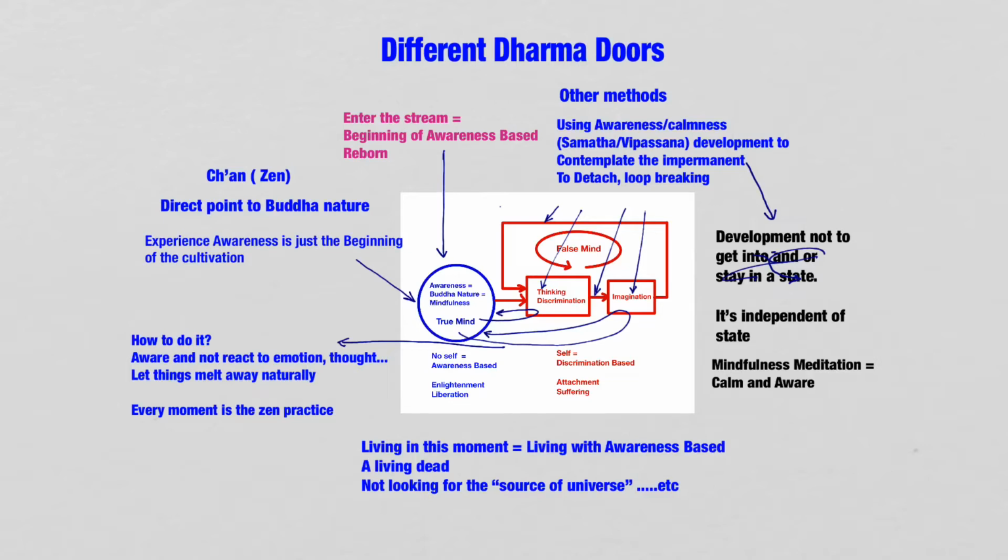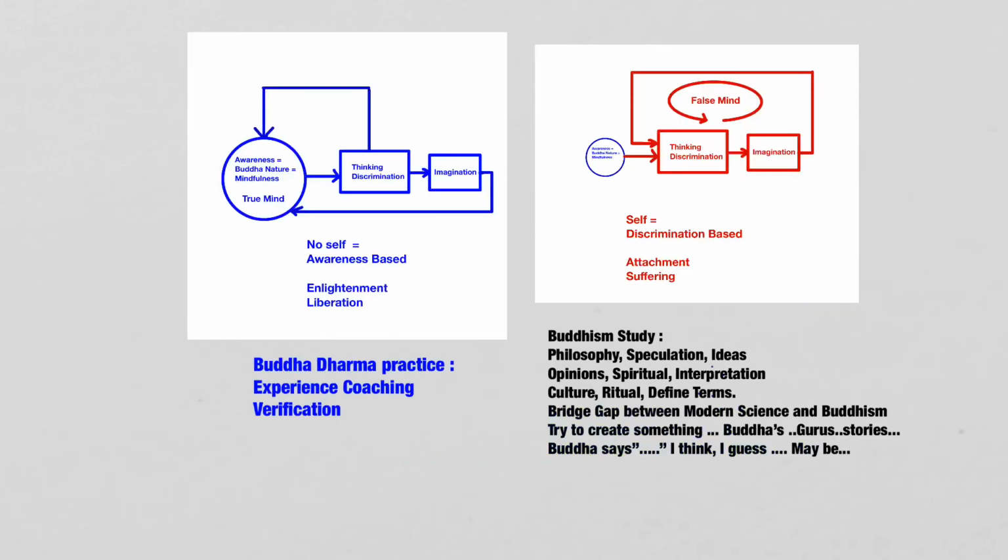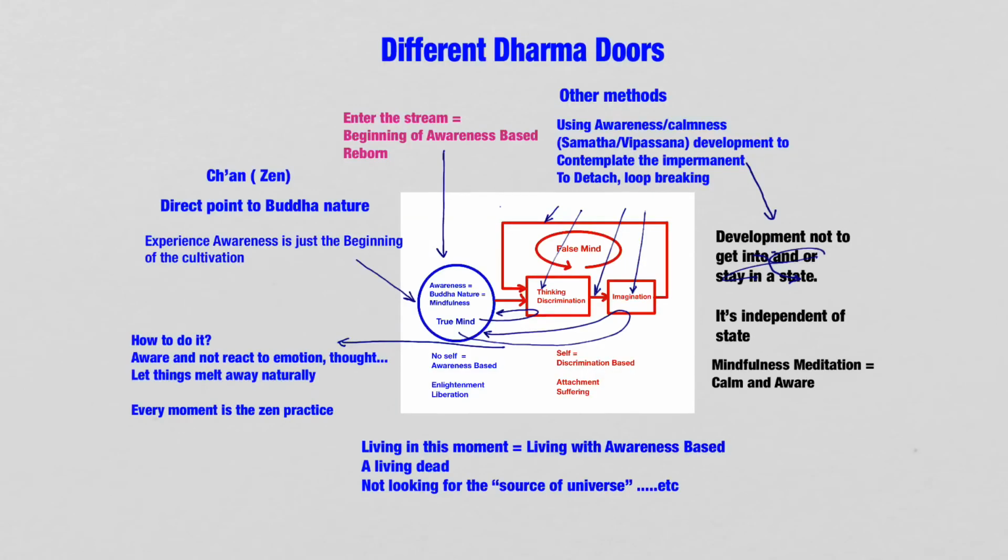You detach from it, and you break the loop of the false thinking, false mind, and you get back to this, which is the Buddha's enlightenment state. Okay, so that has to be clear.